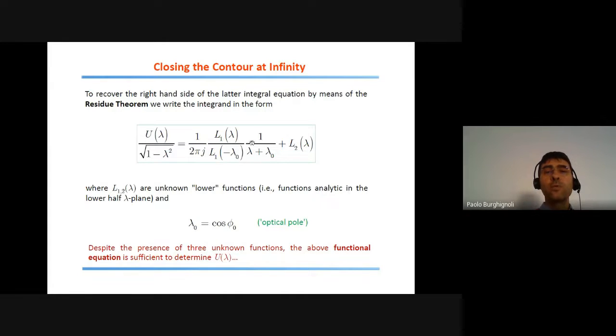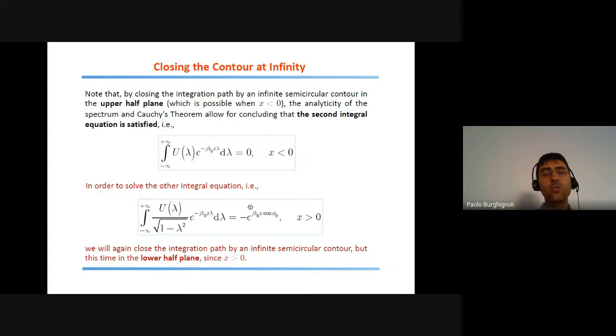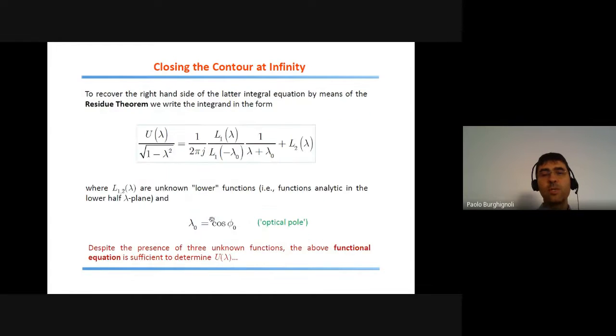We enforce the presence of this term because this establishes the existence of a pole whose residue must reproduce the exponential function on the right-hand side of the integral equation. And this exponential actually comes out from the exponential that is inside the integral on the left-hand side once you replace lambda with cosine of phi 0, which is actually the value of lambda 0. That is the value of lambda at the pole location.